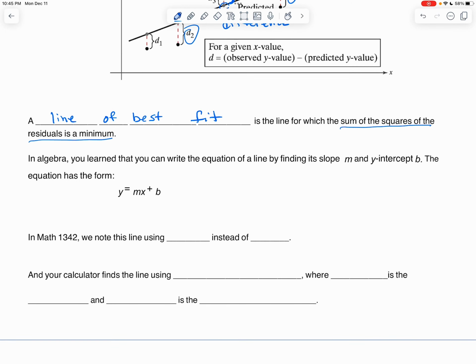Right. In algebra, we learned that we can write the equation of a line by finding the slope, which is m, and the y-intercept, which is b. From that equation, we have y equals mx plus b, this didn't print real well, where m is the slope, how steep the line is, and b is the y-intercept, which is where it hits the y-axis.